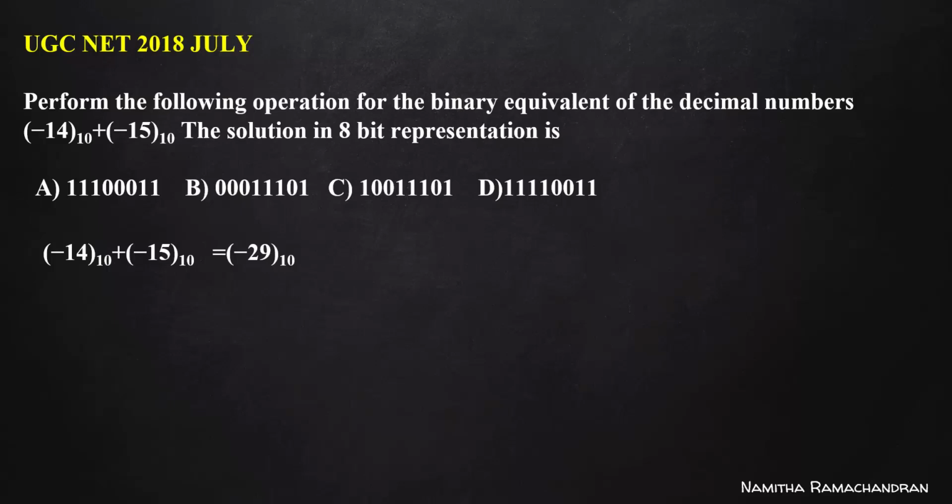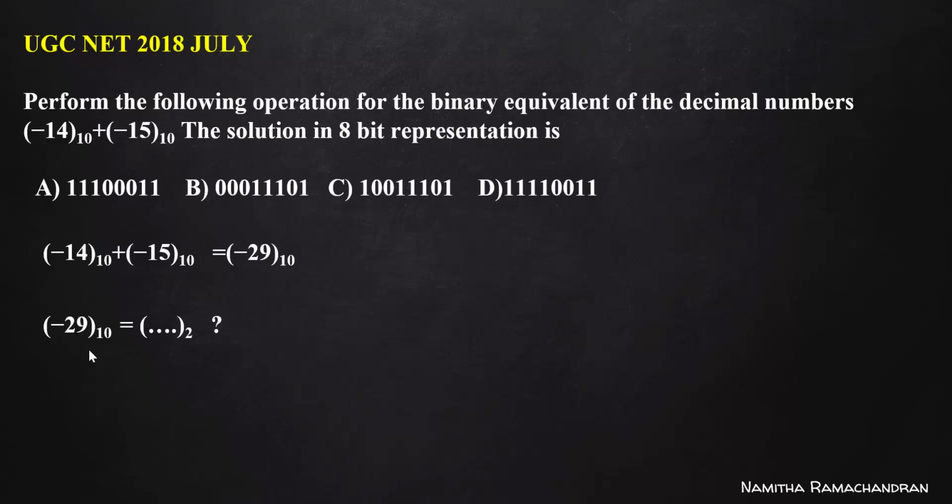The 2's complement of the binary of +29 is actually the binary representation of -29. Once more, the 2's complement form of the binary of +29 is the 2's complement representation of -29.